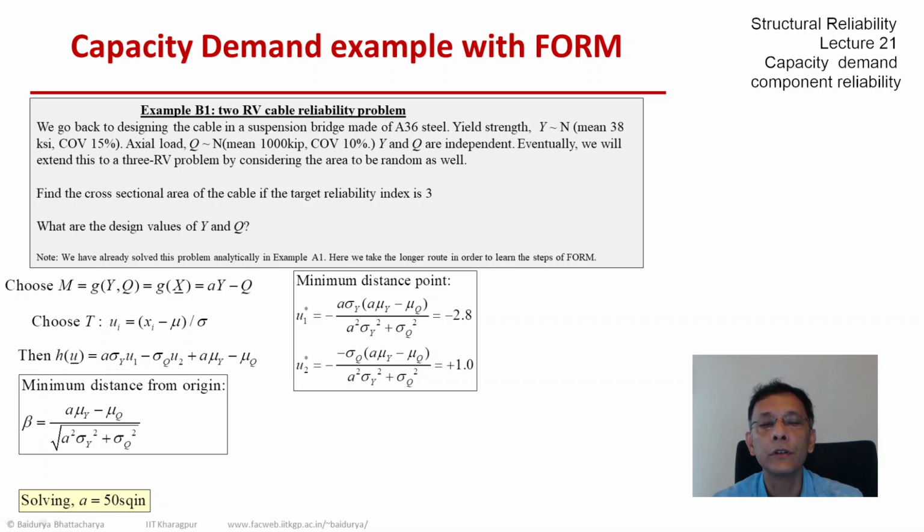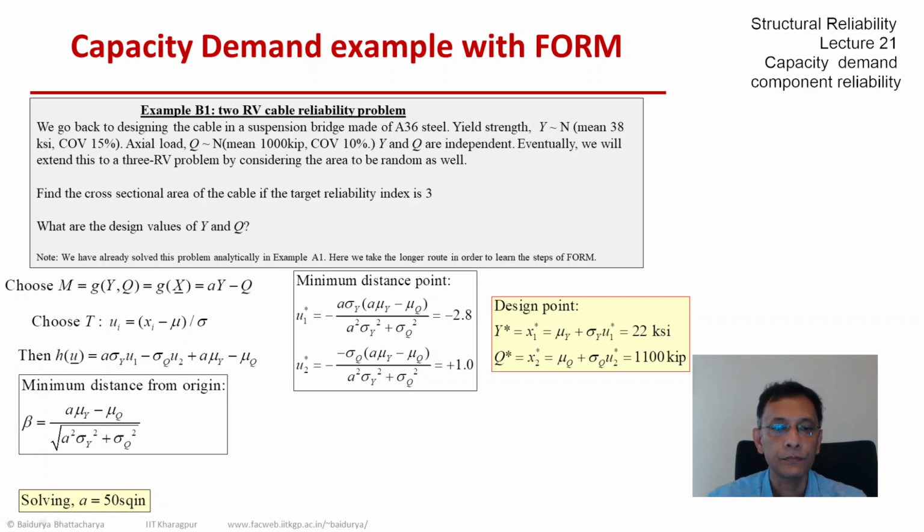Not only does it give you the reliability index, but it tells you which point is most likely to happen near about failure, so that we can use it in a design sense, which I'm going to discuss in a few seconds. So this is the design point. How do we do that? We bring back x1 star from u1 star and x2 star from u2 star.